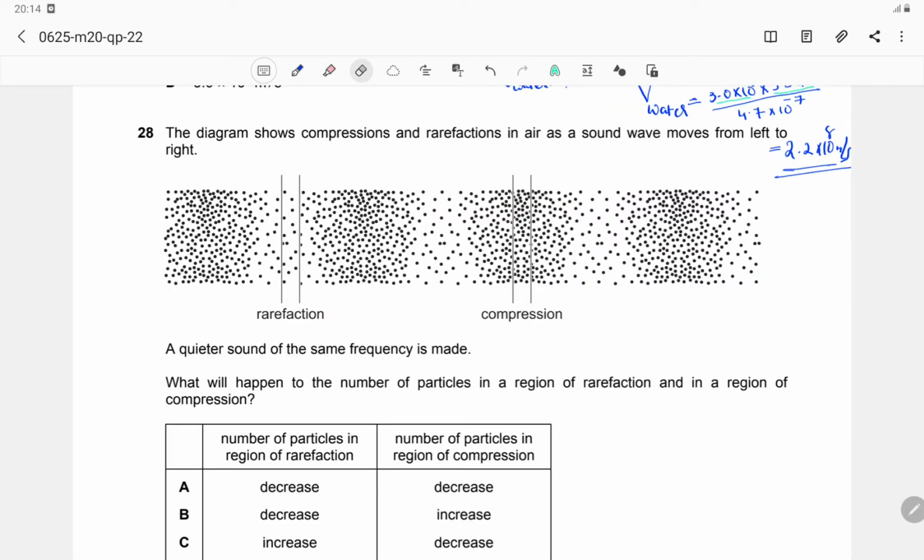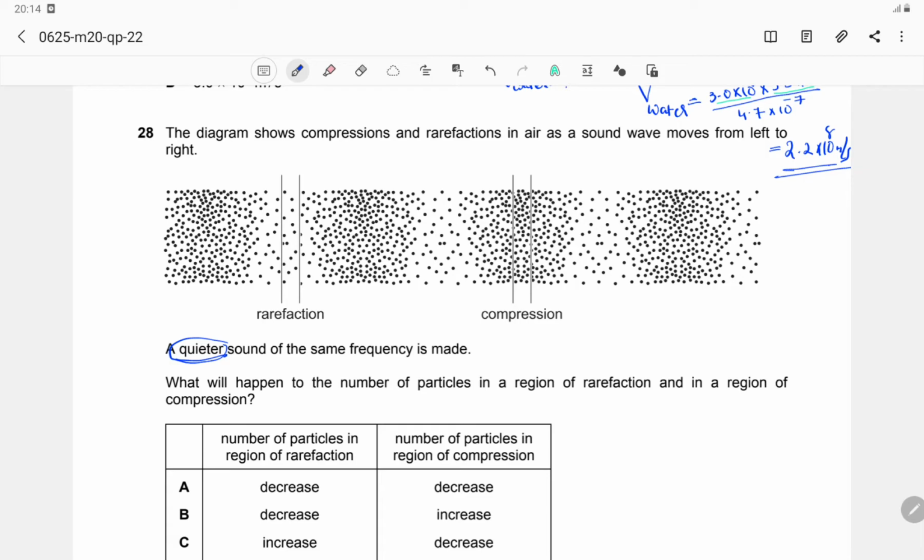Question 28. The diagram shows compressions and rarefactions in air as a sound wave moves from left to right. A quieter sound of the same frequency is made. What will happen to the number of particles in the region of rarefaction and in the region of compression? Now, when you read the question, you can understand the sound is now quieter, or we can say the loudness has reduced.